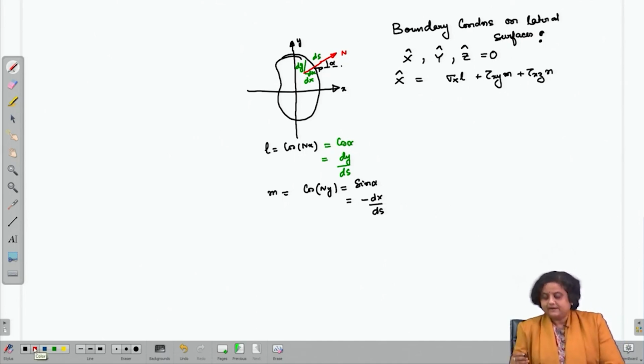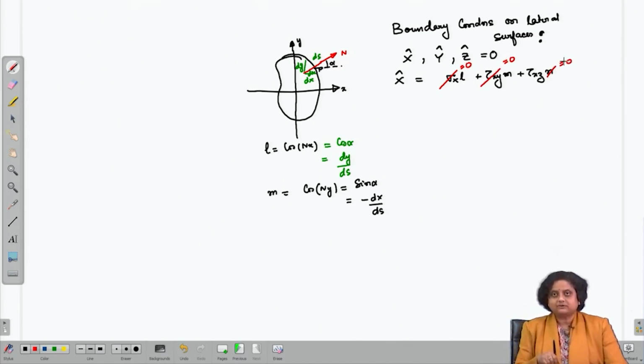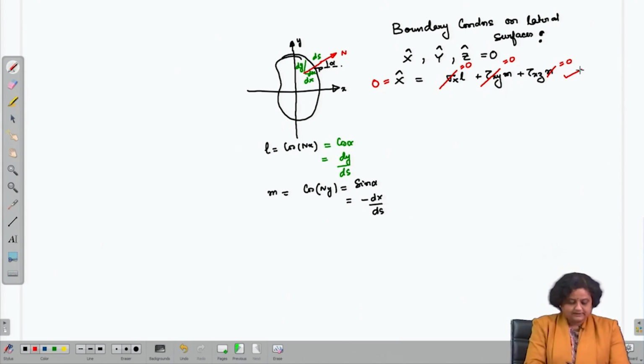Now, let us see. Sigma x is anyhow equal to 0, tau xy is equal to 0 and n is equal to 0 for the lateral surface. n is in the direction of the z axis, so it is always normal to the normal to the lateral surface. So, this is anyhow equal to 0. So, this equation is satisfied.